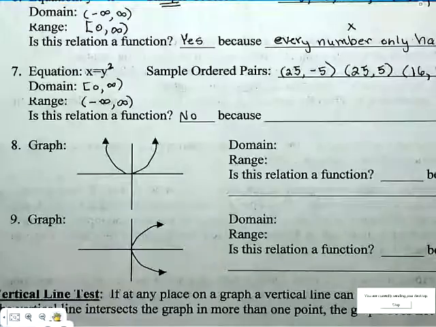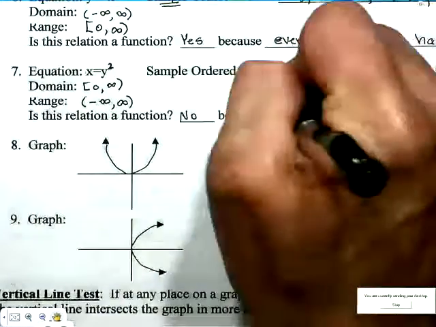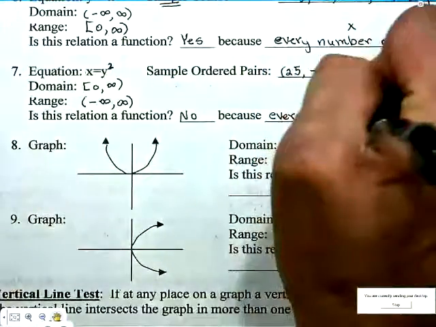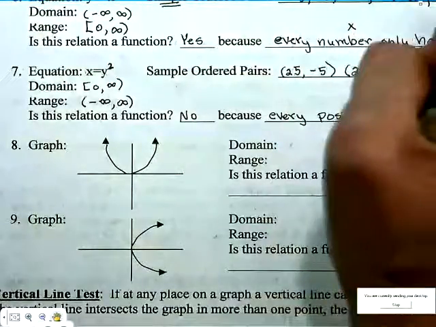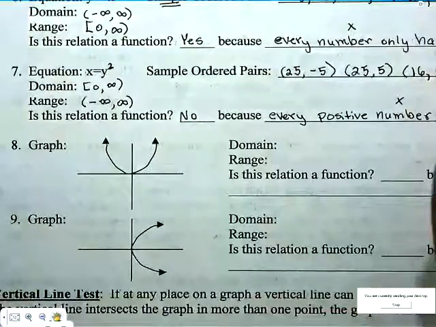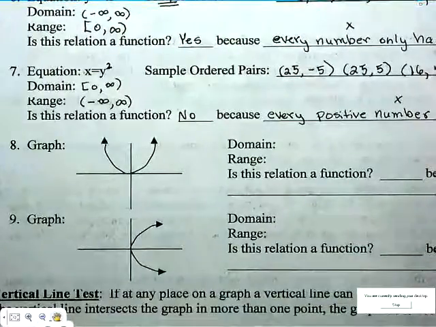So I'm going to say no because every positive number, and the positive number is the x, has 2 square roots, and that's the y.